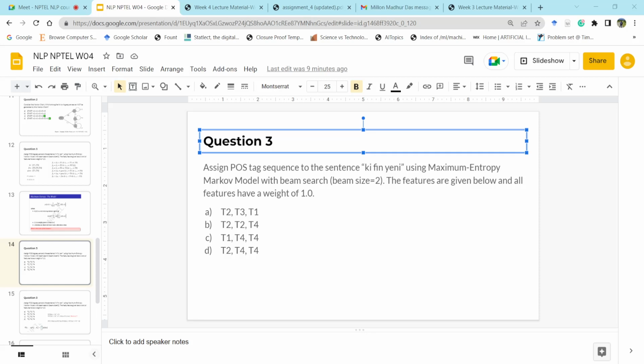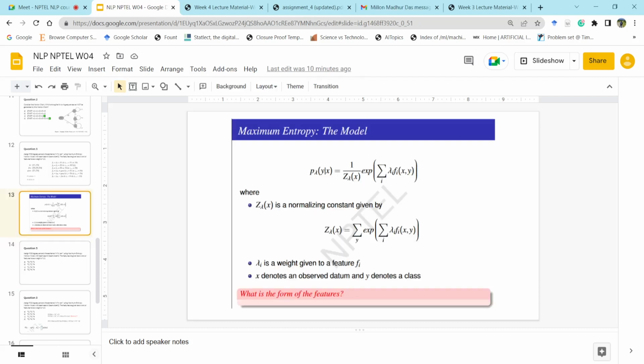Can we quickly do a recap of what lambda is? Because it looks intimidating. Yeah, so let me go by this table. This part is what p lambda of y given x is. Now Zx is essentially a normalizing constant.